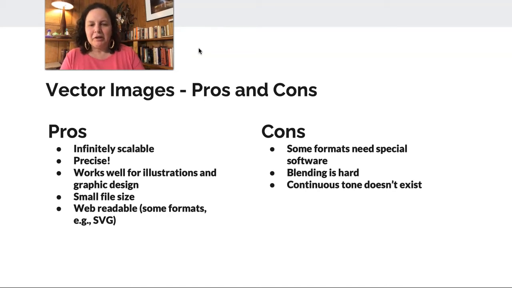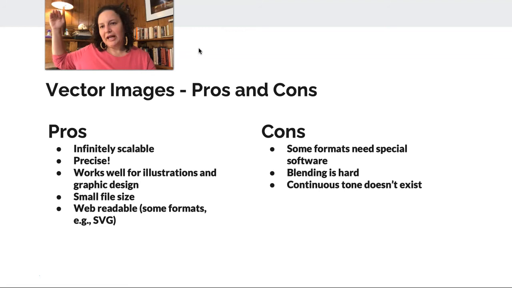The other big problem with vector graphics is that continuous tone does not exist. If you look at a vector graphic, you'll notice that instead of a smooth gradient, it'll have kind of steps in it.